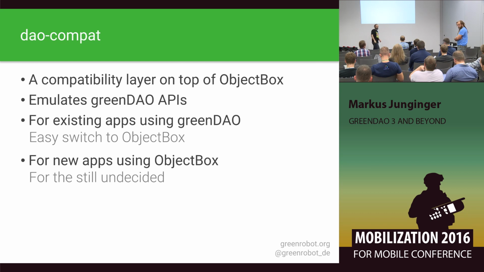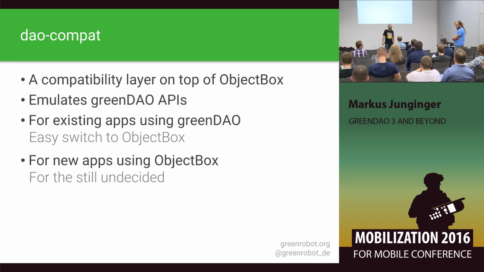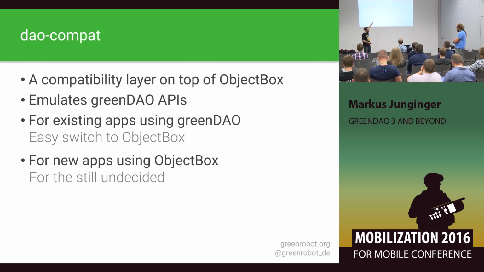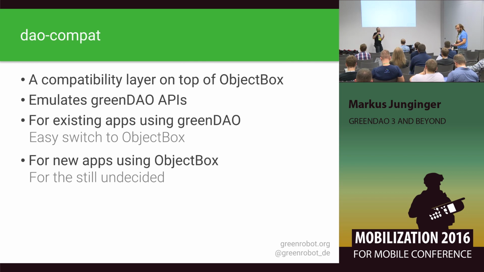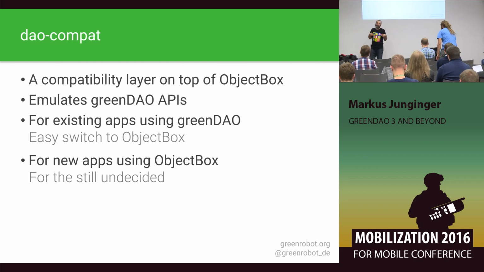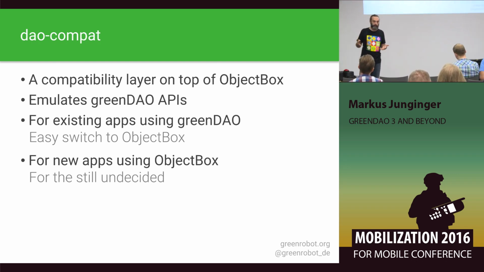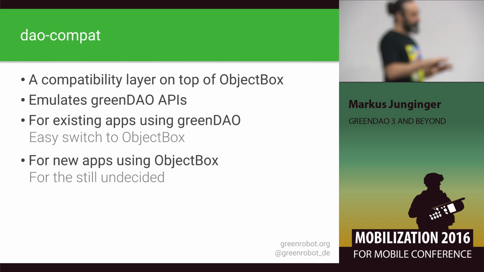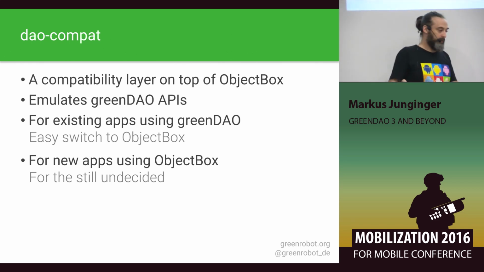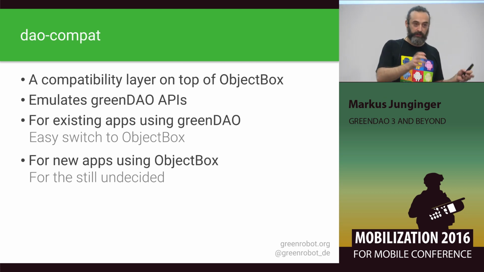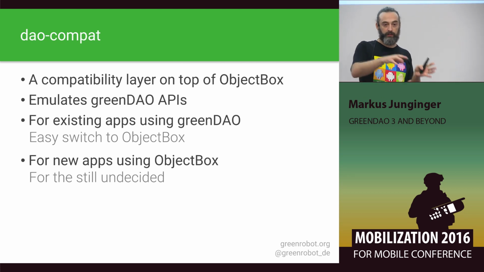Okay, because I'm just wondering how quickly we can change greenDAO to ObjectBox. Yeah, and this is a perfect question for this, because this is a layer on top of ObjectBox, and it gives you a greenDAO API, okay? So it doesn't matter what is under it, greenDAO or ObjectBox. It's pretty much the same API. And for existing apps, this makes switching to ObjectBox really easy.